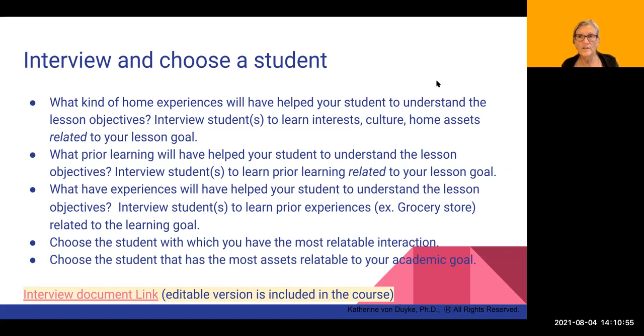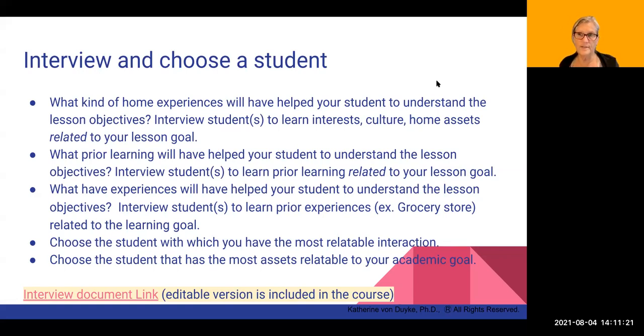So that's one way to incorporate some academic questions into your student interview. And then what experiences both at home or at school give students an embodied contextual cultural understanding of the lesson material that you're presenting.